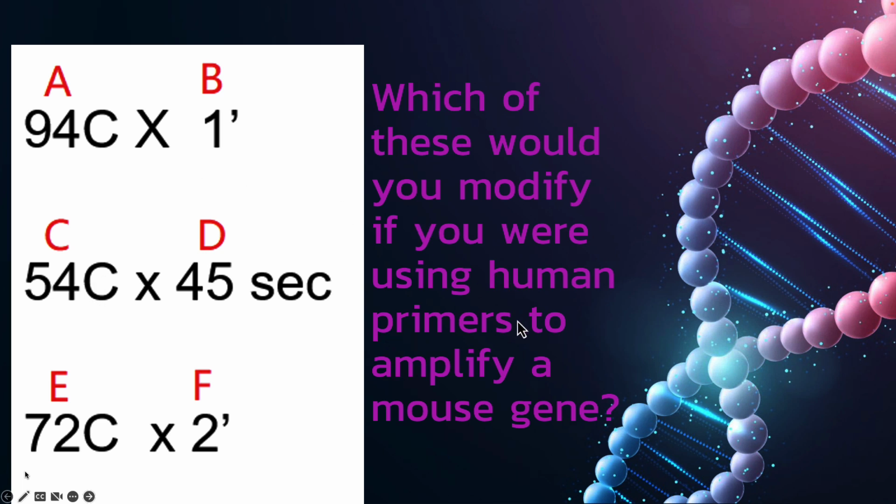So if you were doing human to human, you might increase this by a few degrees. If you're doing human to mouse, you may need to allow for a few mismatches, so you might decrease the temperature by a few degrees. So that's really important to think about when you're designing experiments, and as an application of PCR, how would you modify the conditions of PCR to get the best results possible?